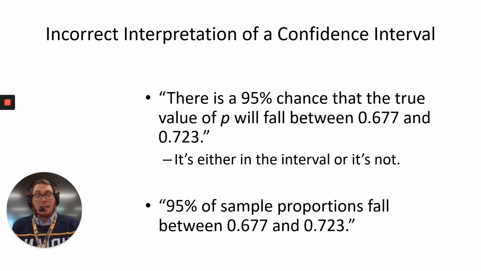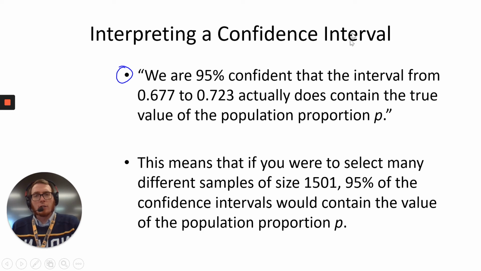We also can't say that 95% of all of the proportions of the samples will be between those 2, because those 2 numbers that we found are only for that data set that we just collected. If you had a new data set, you'd have a new set of numbers, and the confidence interval will be slightly different. So you have to make sure that this is your conclusion. You're going to be asked to write some conclusions as you look at testing as we move through this unit. So you want to make sure that you're able to write some of those things out and practice them as we move forward into this lesson.